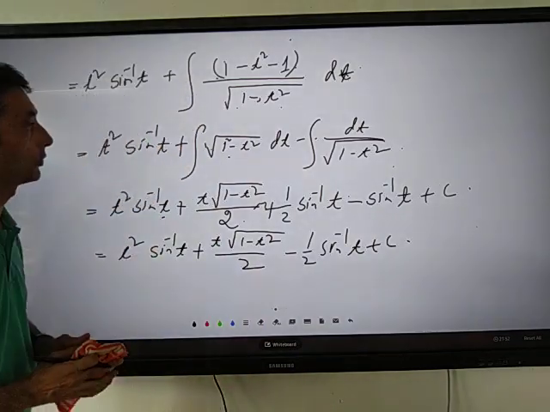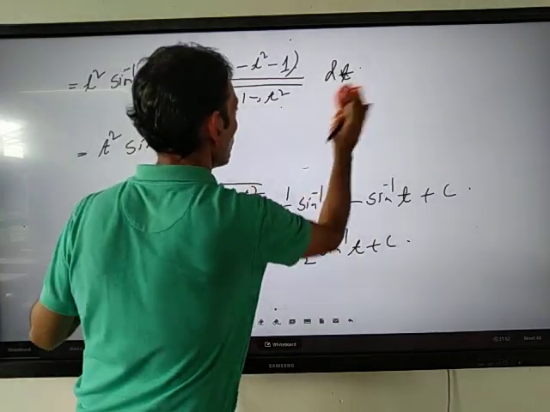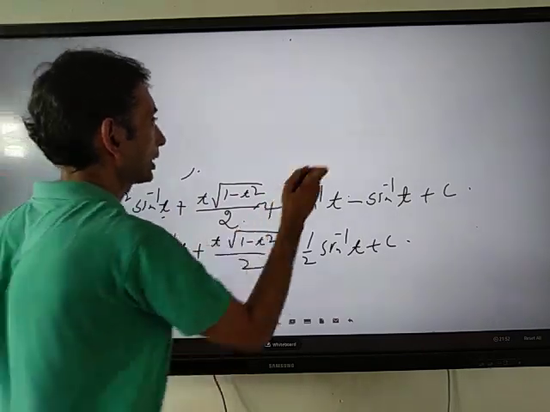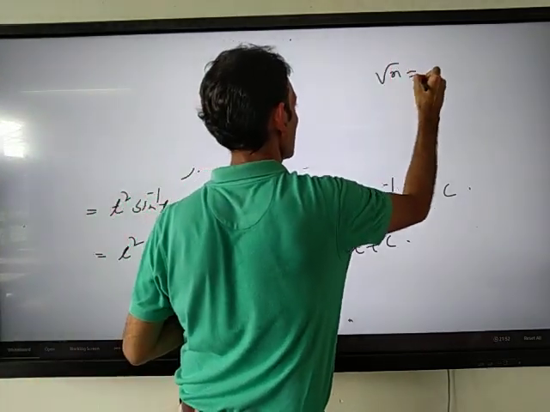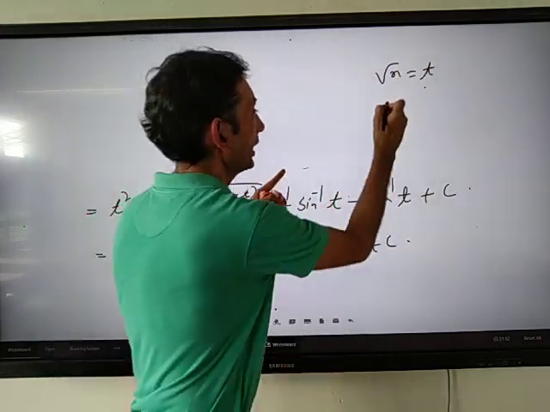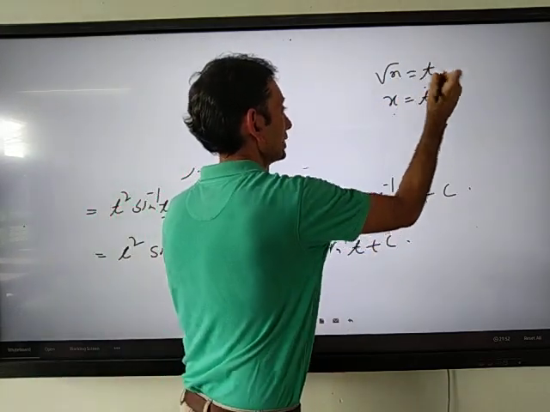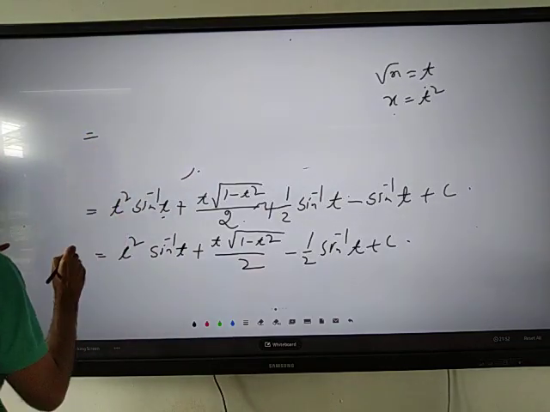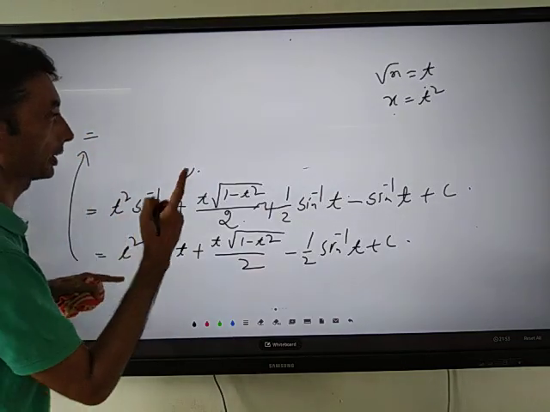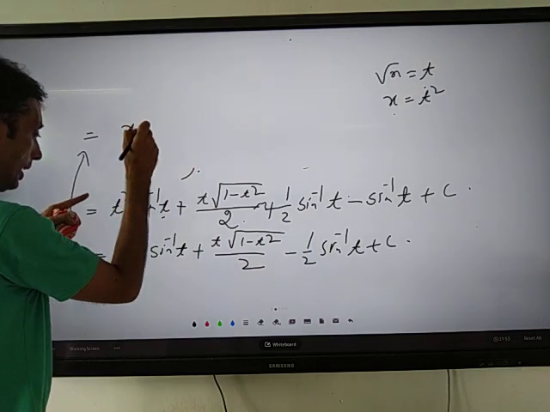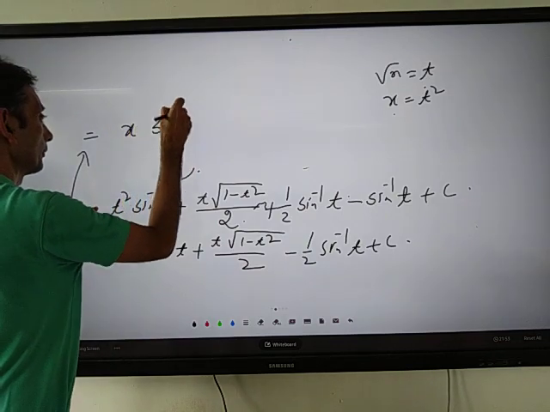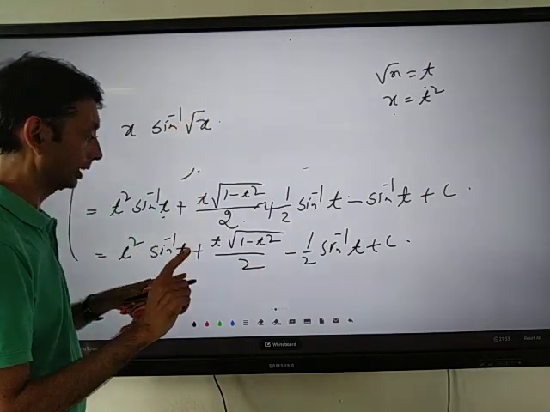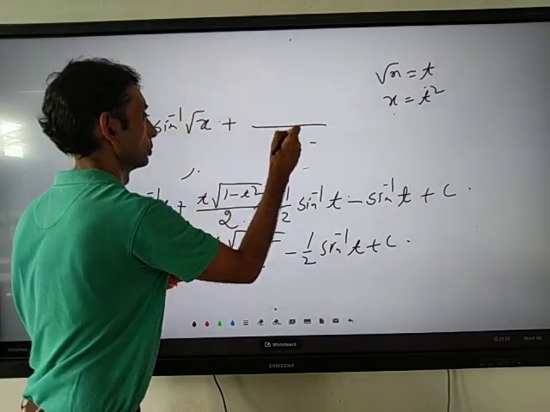Now just substitute the value of t. Okay, so what did we substitute in place of x? We do remember that in place of root x we substituted t. Fine. So hence, what's the value of x? X gives us t square. So we need to substitute this value. So t square is x, and sine inverse t is sine inverse root x, okay, plus t into root 1 minus t squared by 2.